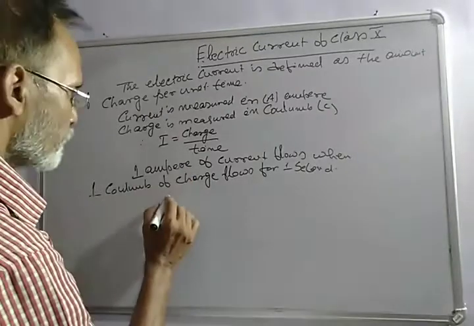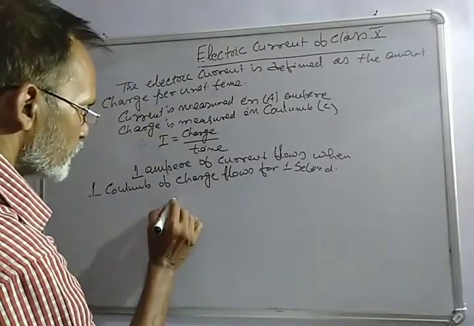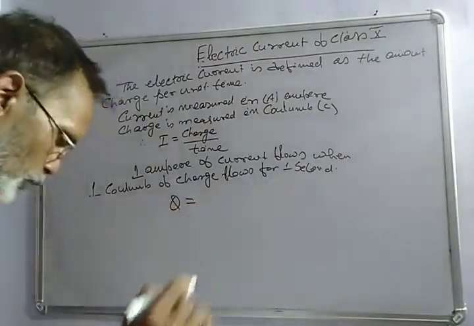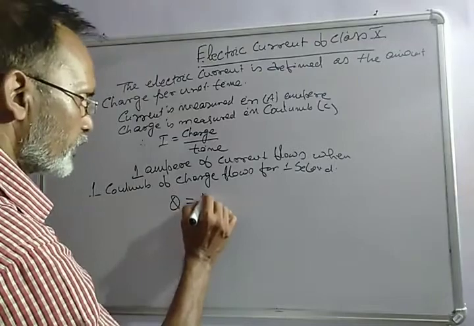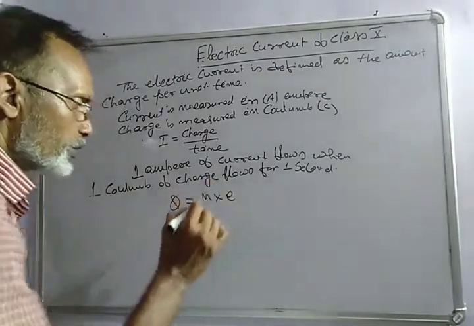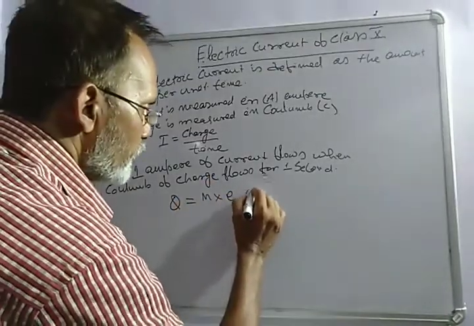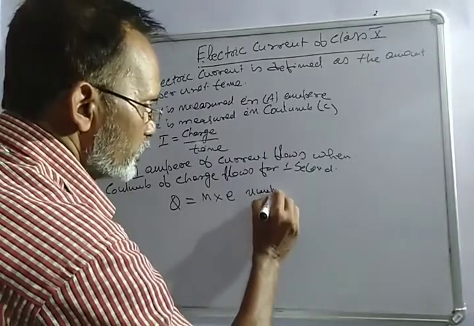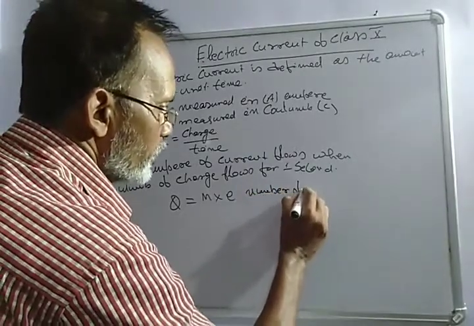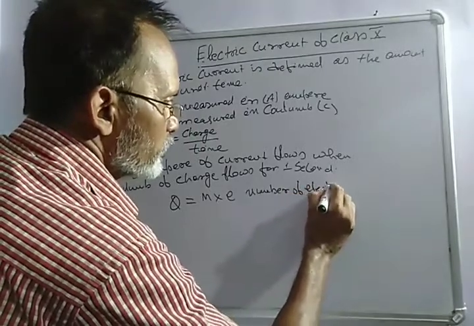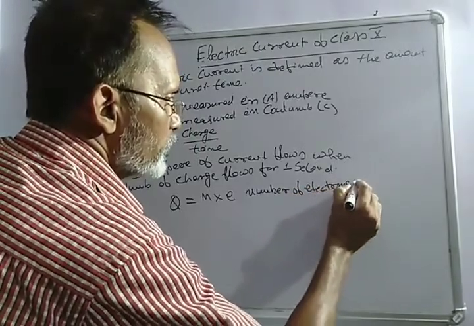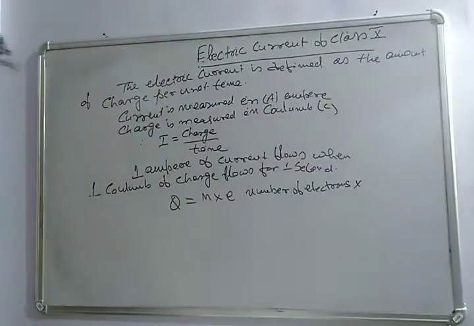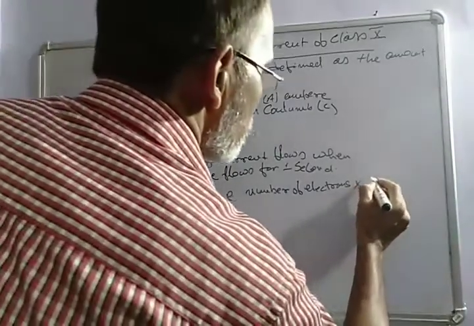So, charge Q is equal to N into E, that is equal to the number of electrons multiplied by the charge present on 1 electron.